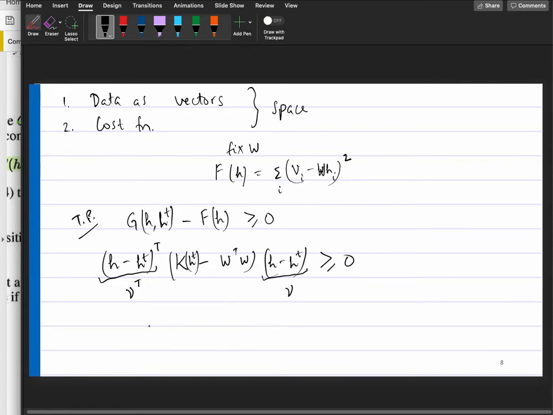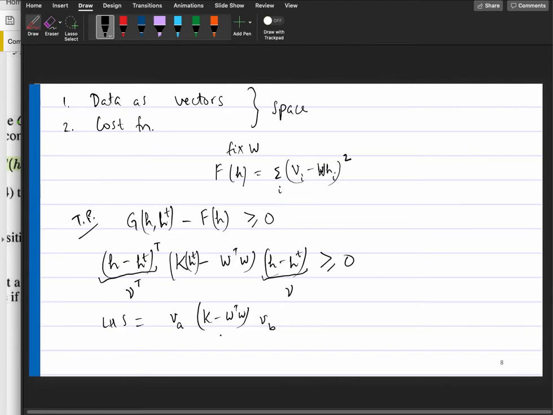You just go to element wise thing, multiply the thing, so it becomes nu A, where A and B are the indices, nu A into this K minus W transpose W into nu B. You have to prove that this is greater than or equal to 0. So let us say this is my LHS.